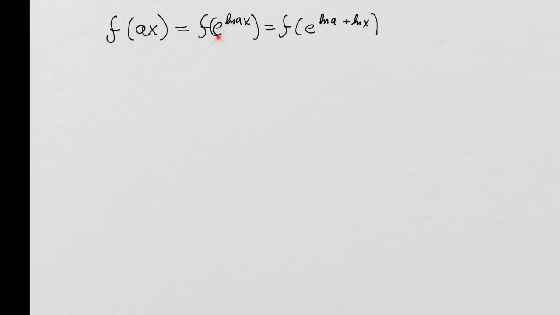So we write that as f of e to the log of ax, and then f of e to the log a plus log x. Then we're going to call log x y. So we'll write f of e to the log a plus y, where y is defined as the natural log of x.